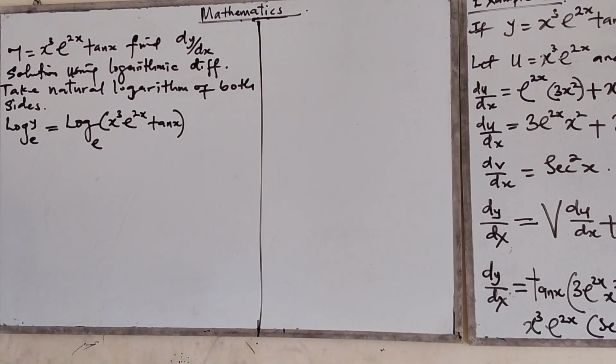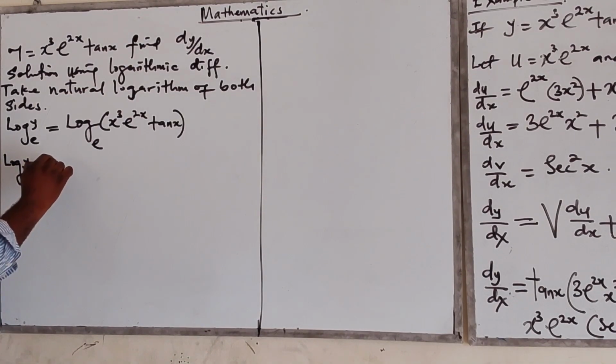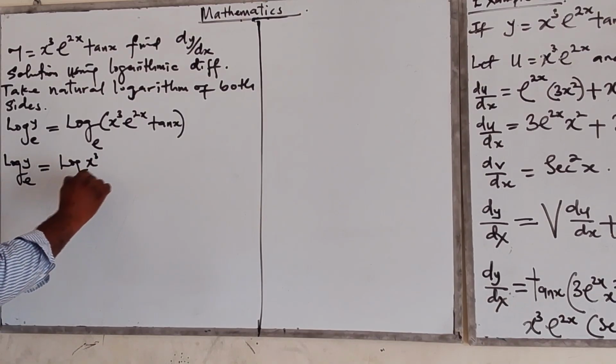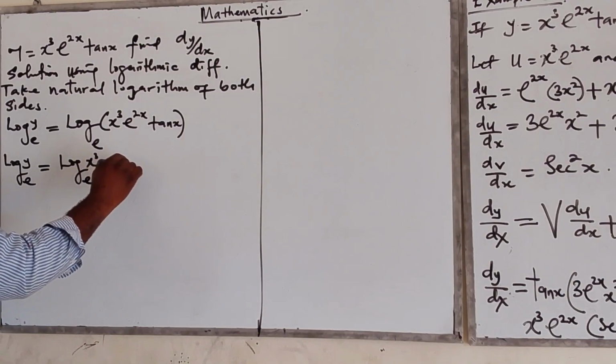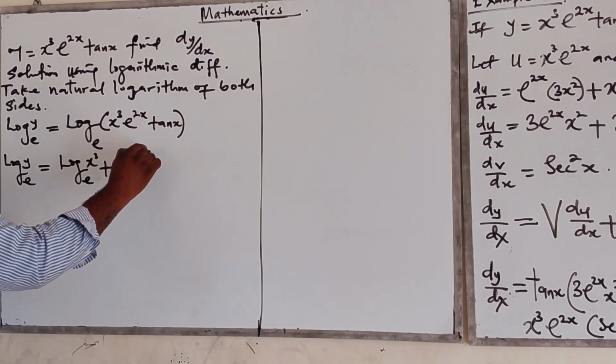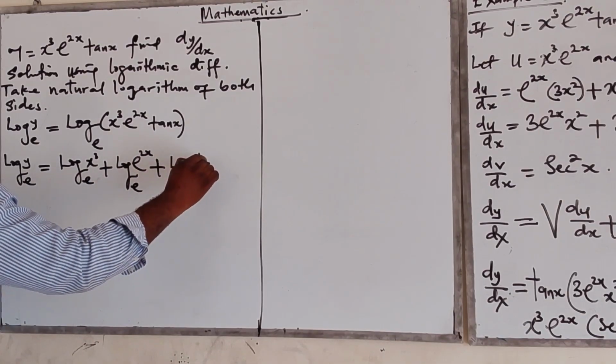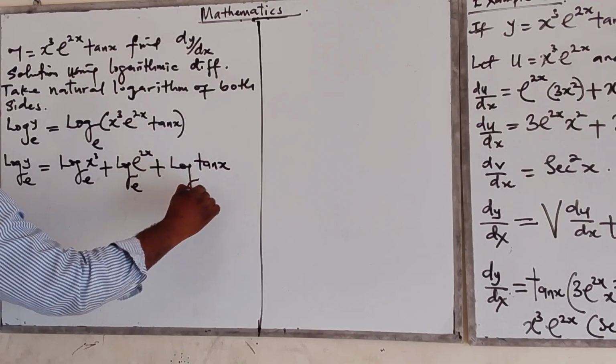And now this is the same thing as saying log y base e is equal to log x raised to the power of 3 base e plus log e raised to the power of 2x base e plus log tan x base e.